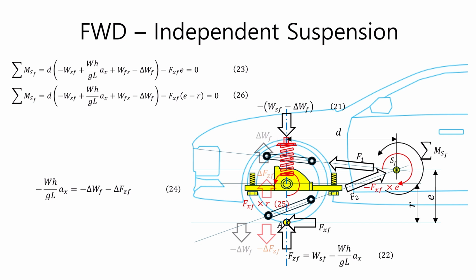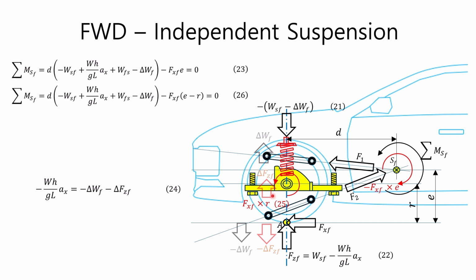As a reaction to the driving force, FXF, generated at the front tire road contact center, an upper arm reaction force F1 and a lower arm reaction force F2 are generated, and the vertical resultant of these two forces is delta FZF.